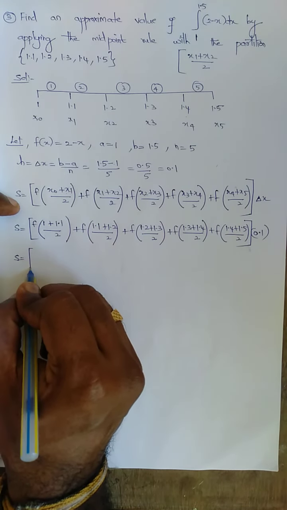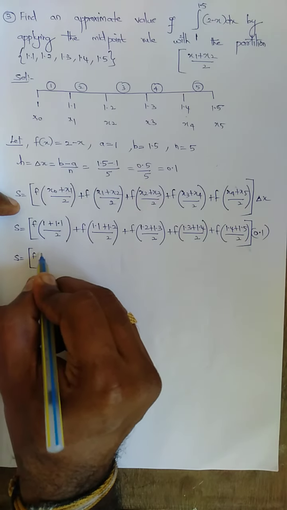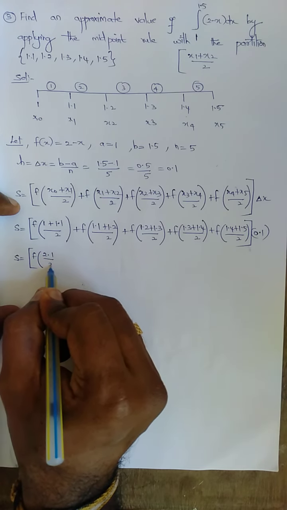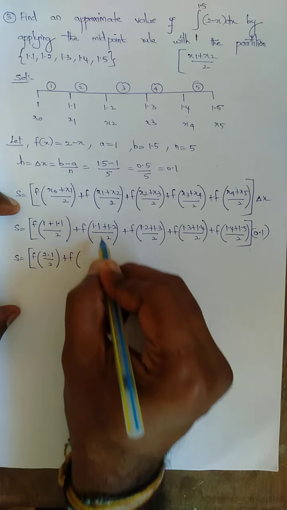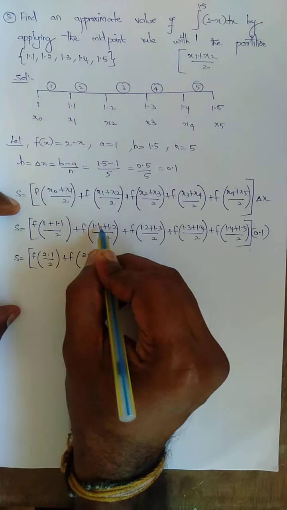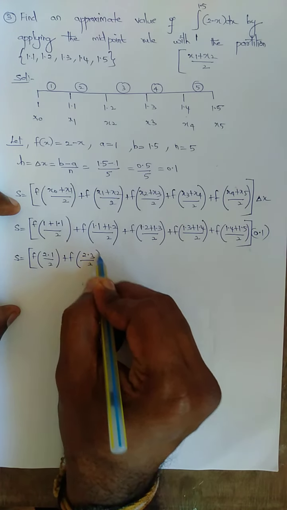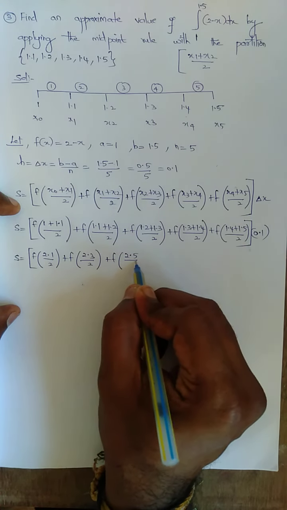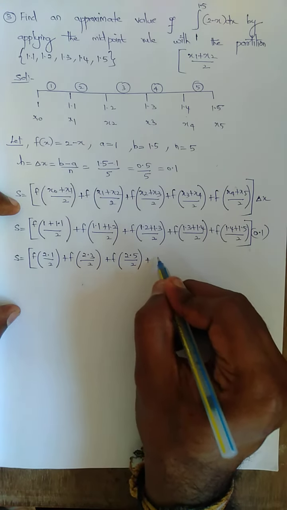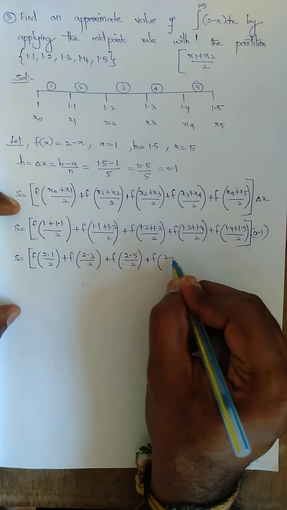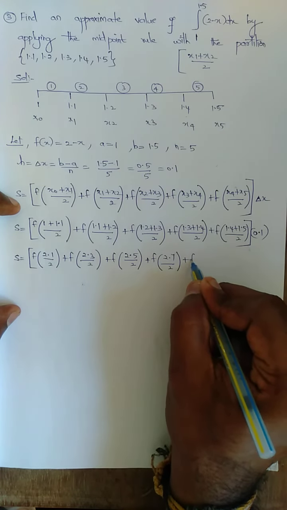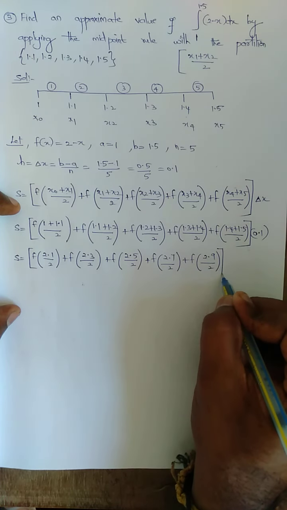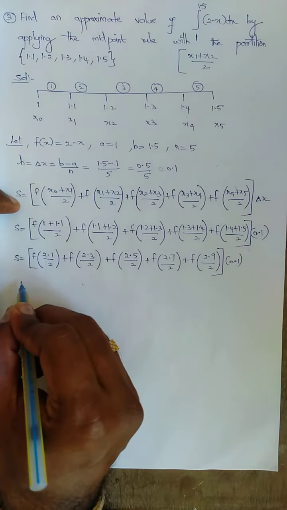So S is equal to f of 2.1 by 2 plus f of 2.3 by 2 plus f of 2.5 by 2 plus f of 2.7 by 2 plus f of 2.9 by 2. Close the bracket, multiply with 0.1.